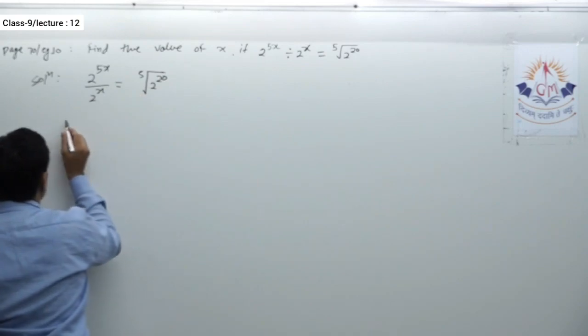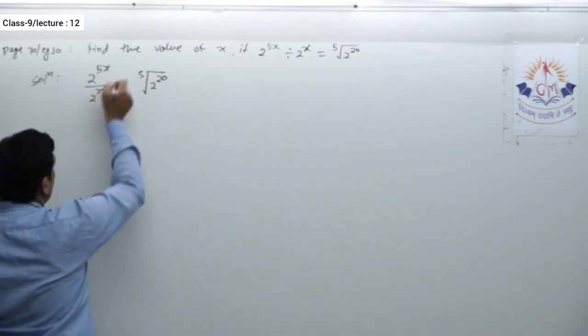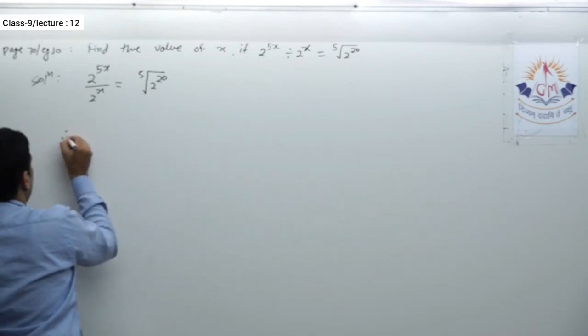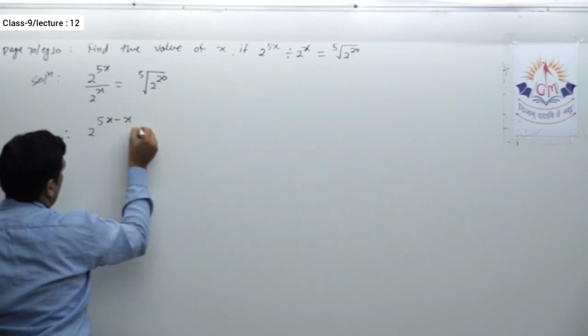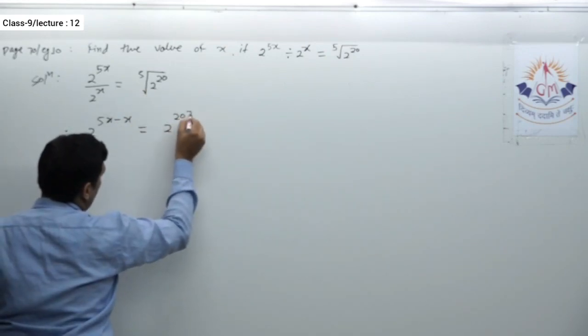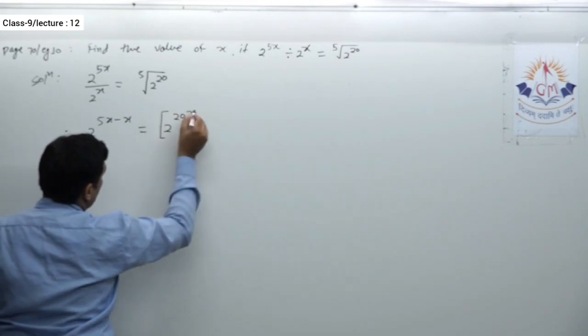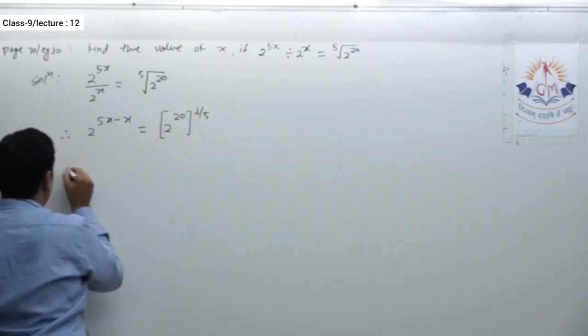This question looks a little bit difficult, but actually it is not that difficult. Here I'll apply the quotient law, and I get 2 raised to 5x minus x. Over here, if I write this in the form of an exponent, the right side becomes 2 raised to 20 raised to 1 upon 5.